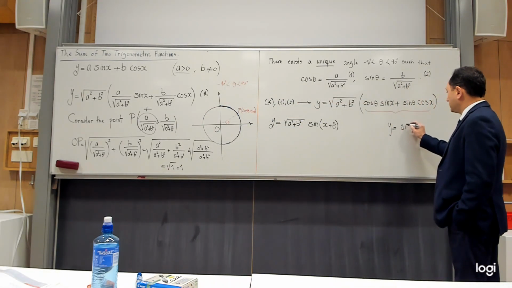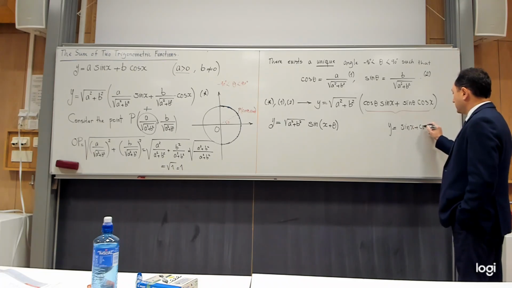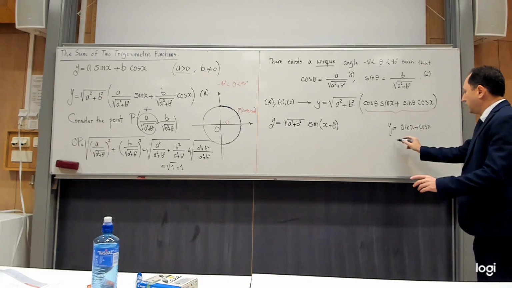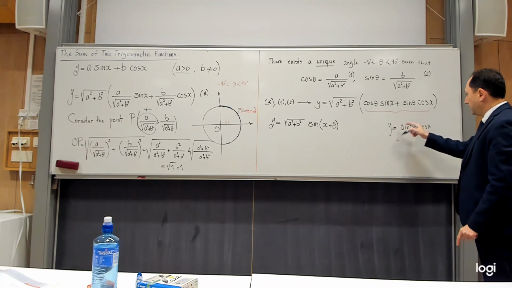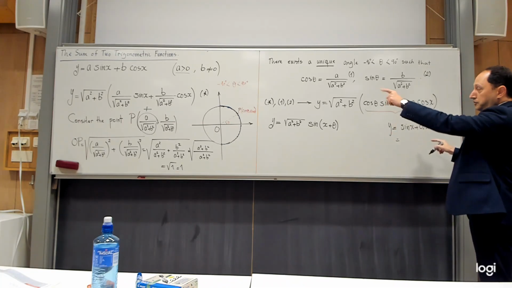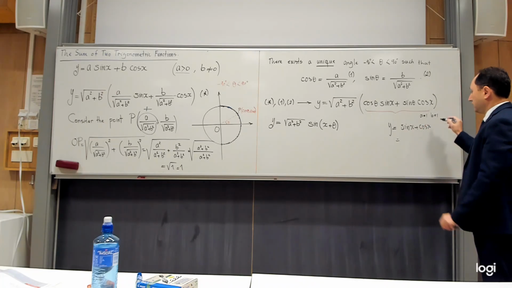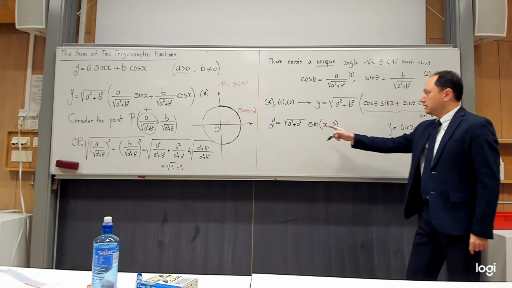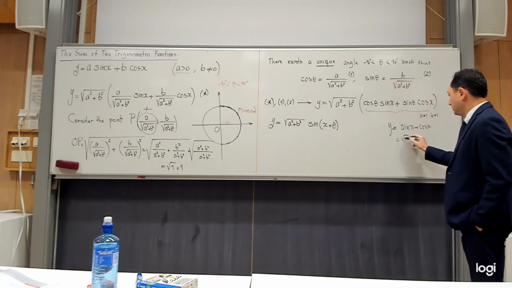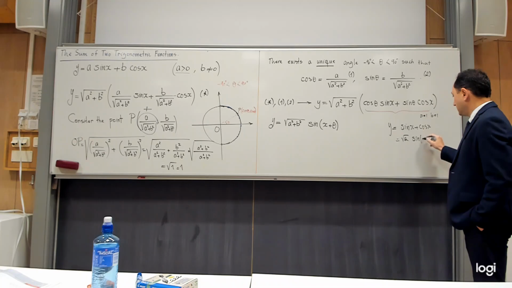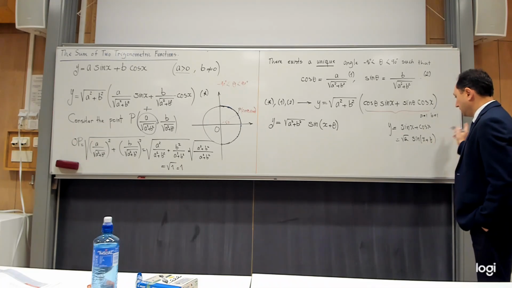Do you remember we talked about the maximum of this function? Okay, I will go through the details later, but here A is 1, and if I compare it, B is also 1. So if I put this into that formula, 1 squared plus 1 squared is 2, so it becomes the square root of 2 times sine of x plus some angle theta, yes?